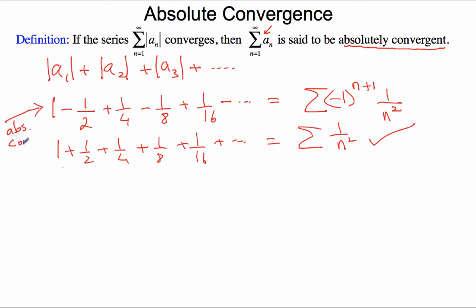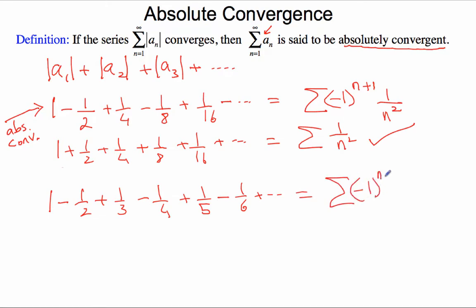So it's absolutely convergent. On the other hand, if I was to take this series, 1 minus a half plus a third minus a fourth plus a fifth minus a sixth, etc., this then is minus 1 to the n plus 1 over n. And now we've already seen that this series, which is the sum of 1 over n, diverges.